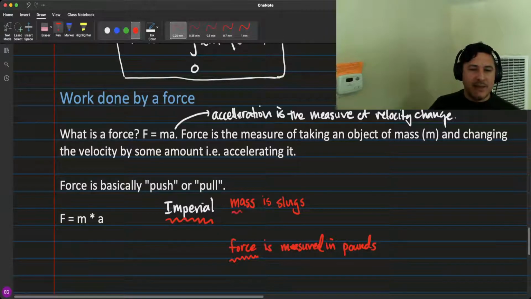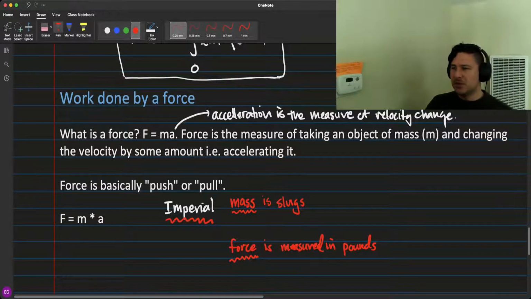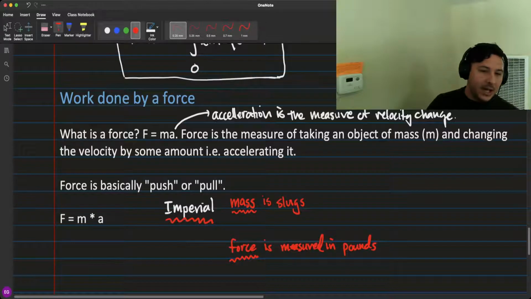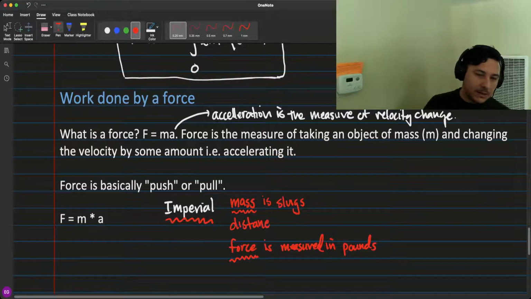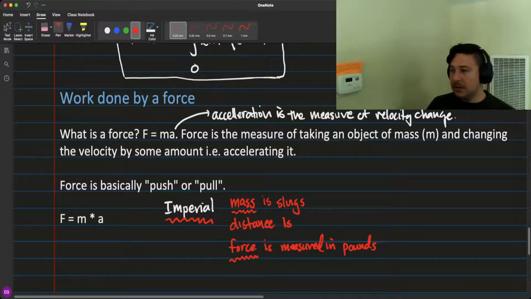That is not how much mass you have. Mass is slugs, which is weird. Okay, what's the measure of distance in the imperial system? Miles, light years, we'll use feet. You can use feet, inches, miles. They're all defined in terms of each other. But we'll use feet.